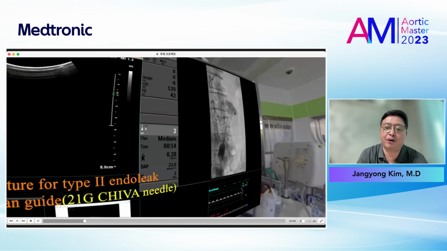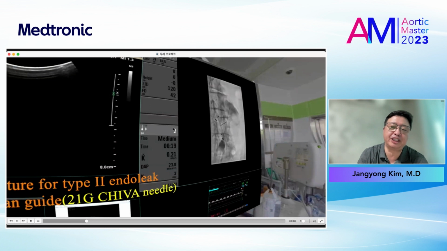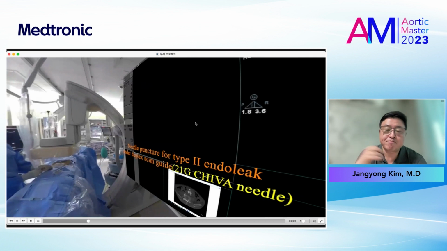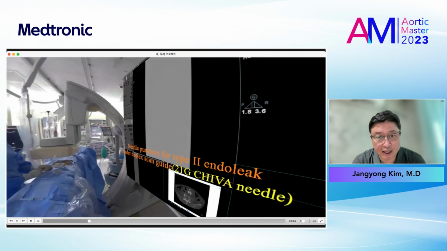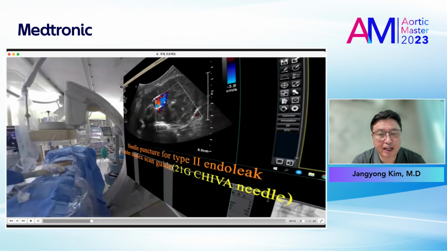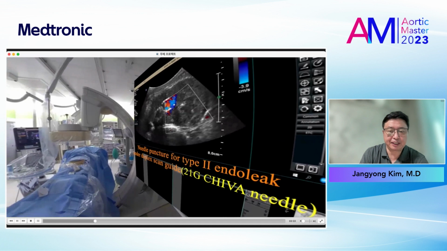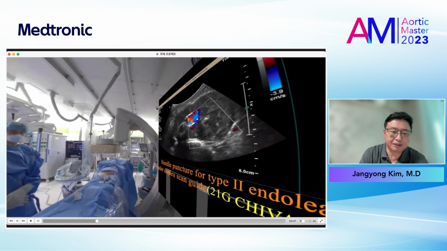He tried looking for the patent type 2 endoleak, but this lesion is a thrombosed lesion. So he continued to do the angio to find the patent type 2 endoleak. This time we didn't find the patent type 2 endoleak. It took 20 minutes to do the translumbar approach using the ultrasound.